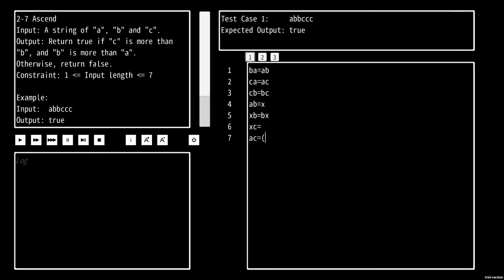But I'm also wondering, what happens if I only have C's left? That's going to be right at the end, I guess. So AC, well, if I have no BCs, I guess. BC we can just delete, right?